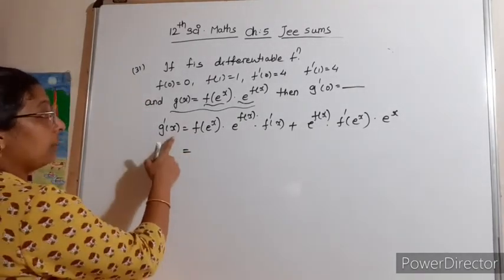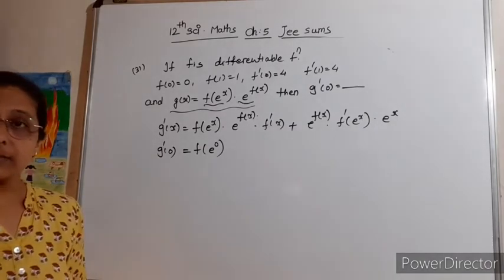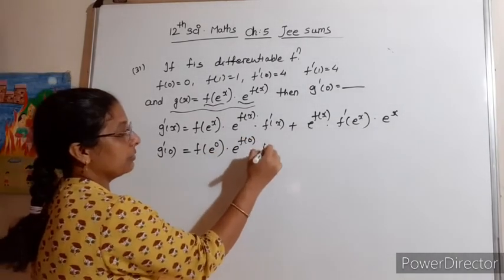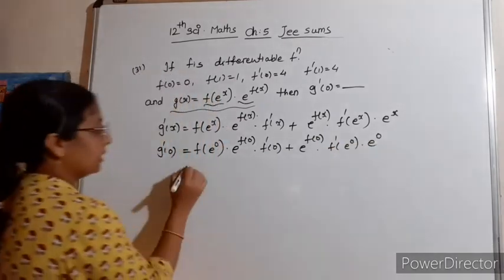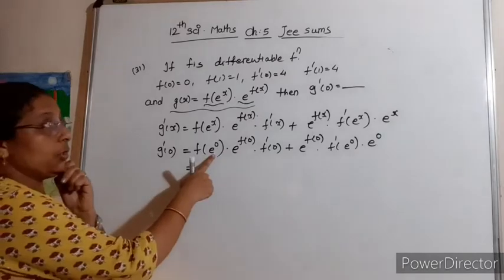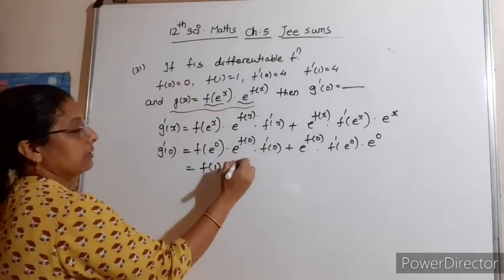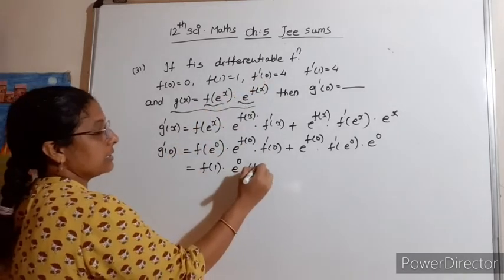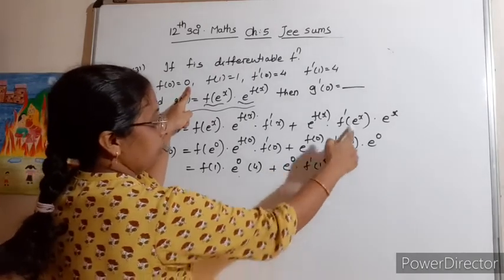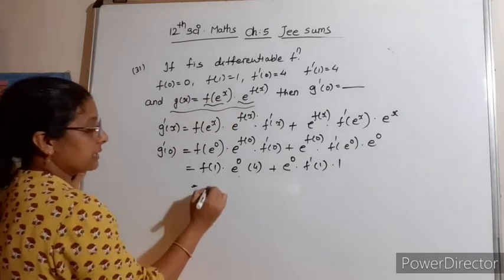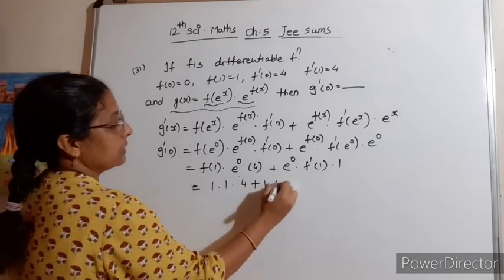Now we want to find g dash 0. So f of e raised to 0, wherever it is x, we'll write 0. e raised to f of 0, f dash 0, plus e raised to f of 0, f dash of e raised to 0, e raised to 0. Now e raised to 0 is 1, so we'll get f of 1 times e raised to f of 0. f of 0 is 0, f dash 0 is 4. Then f dash of 1, e raised to 0 is 1. f of 1 is 1, e raised to 0 is 1, into 4, plus e raised to 0 is 1, f dash 1 is 4 into 1.